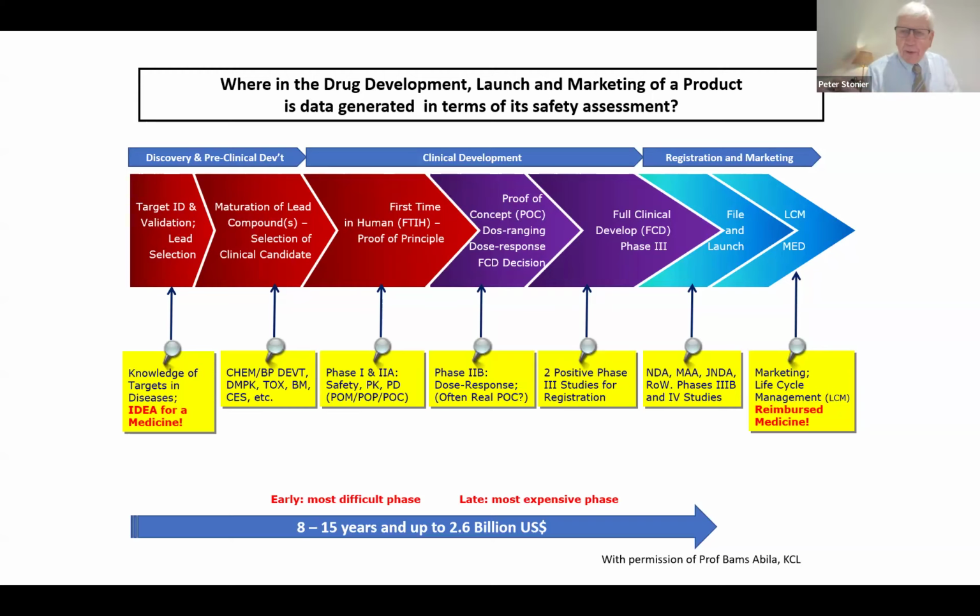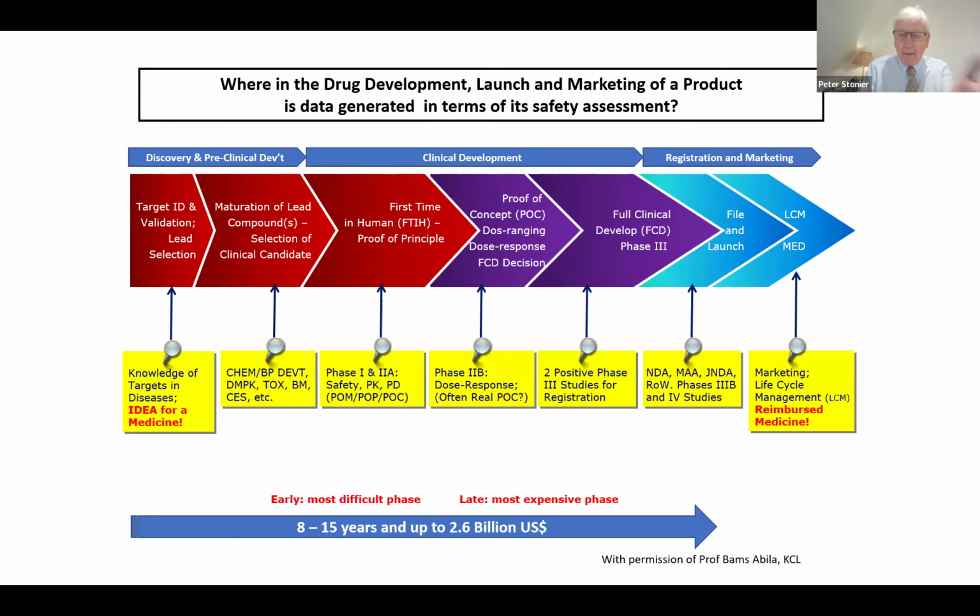It goes on throughout the whole development stage in terms of the production of data, which can lead to information on safety, and that would lead into the assessment of safety data and the benefit risk assessment for the product.